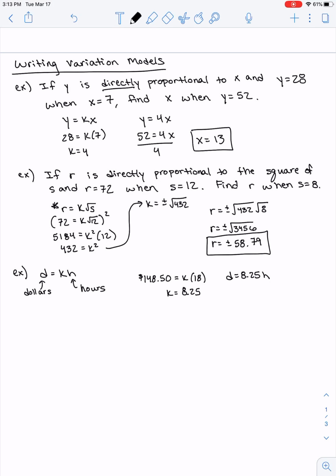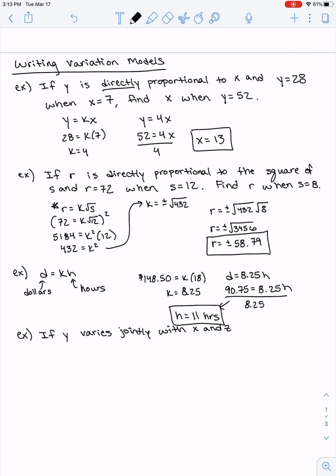Okay, let's do some examples of different variation models. So if I say that y varies jointly with x and z, and y equals 48 when x equals 8 and z equals 15.